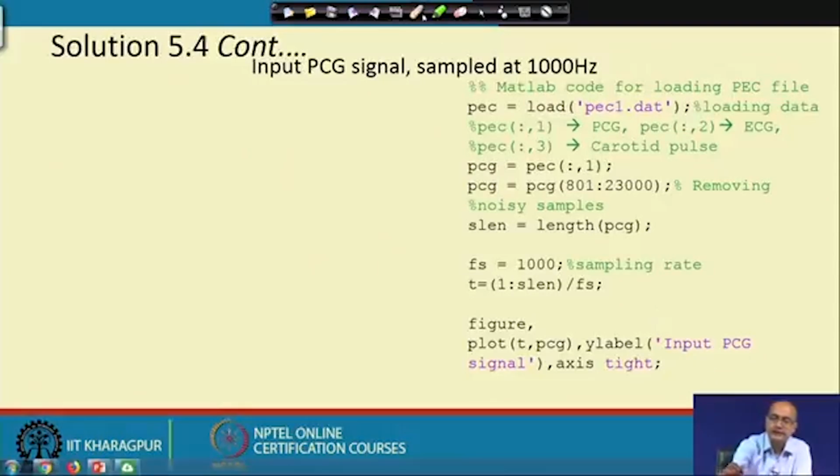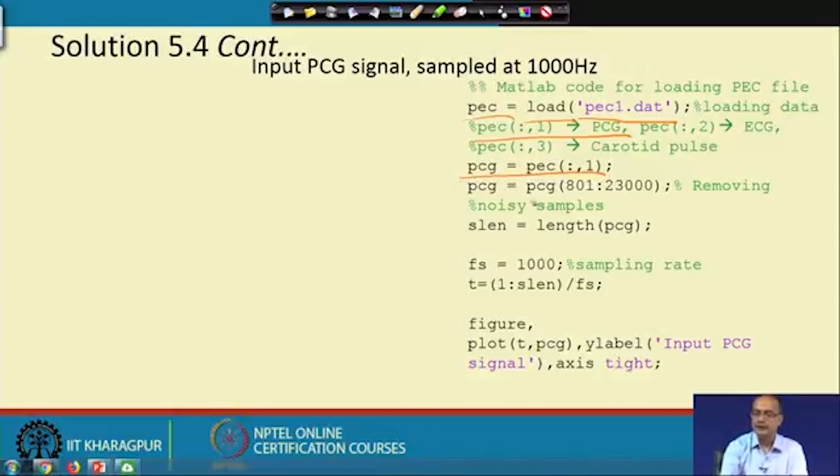So, first we take the signal PCG1.dat, we load that in the variable PCG, and we know that in the 3 channel signal the first channel is the PCG signal. So, we take that for further analysis.